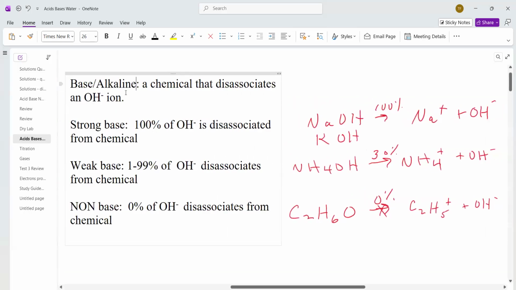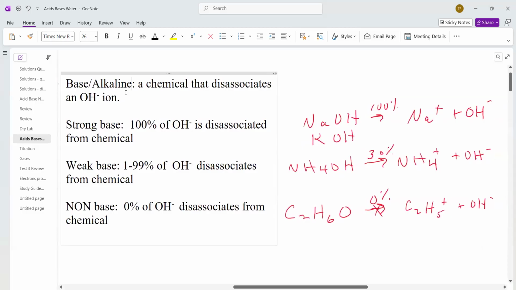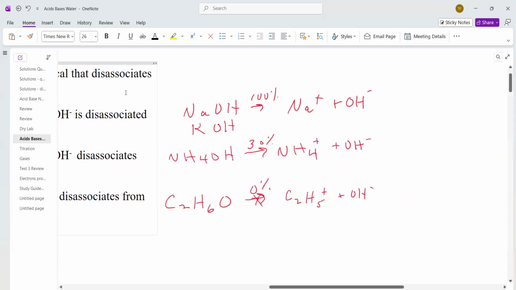With a weak base, not 100% dissociates, only part of it. From 1 to 99% dissociates, depending on how weak or strong the base is. For example, with ammonium hydroxide, the stuff you get when NH3 and water mix together, about 30% of it goes over to hydroxyl and NH4. All the rest of it is NH4OH.